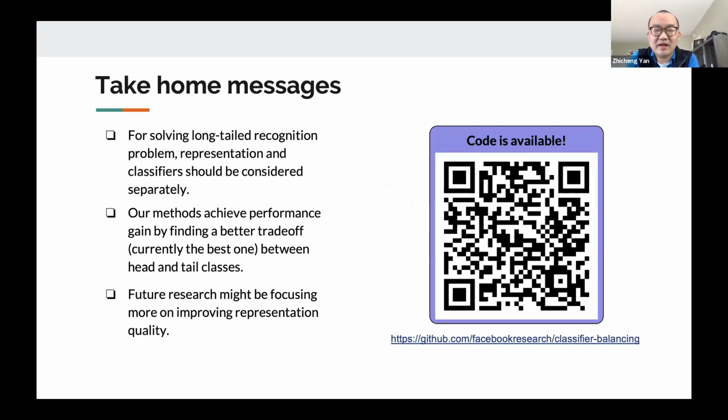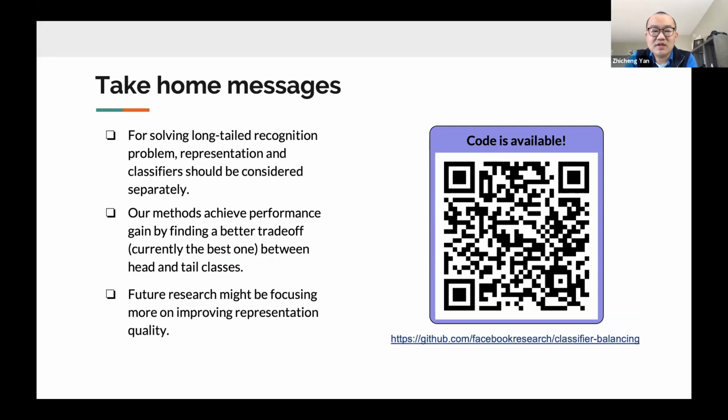Okay, so I think I have delivered the main message in this talk. The take-home message is that the long-tail distribution is a really usual phenomenon in the real world. This is a problem which hasn't been focused on before by the community, while in production, in real-world applications, it is very important and the current methods don't really work very well.